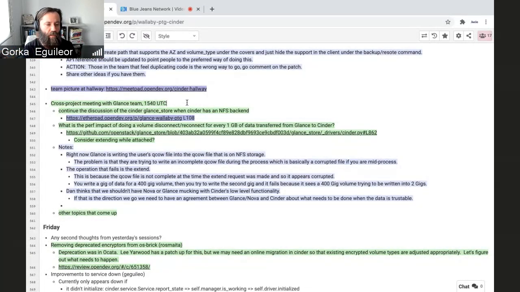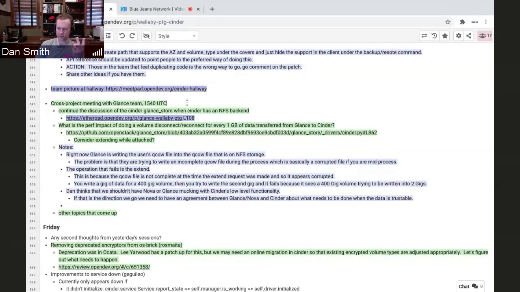Okay, but is that fixed based on the fact that you've told people don't use QCOW on NFS to back Glance images? But that's just telling people don't configure this, otherwise there's a huge security violation, right?